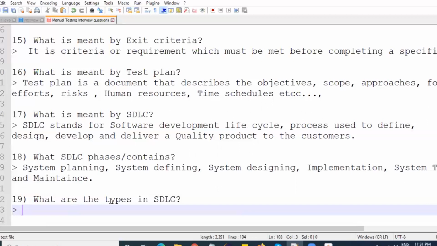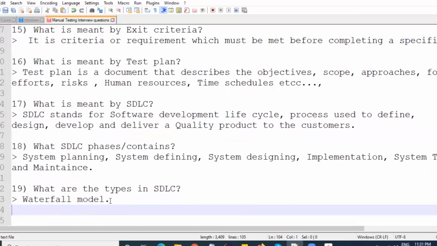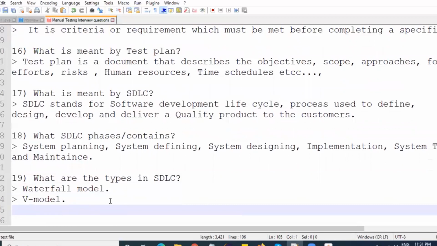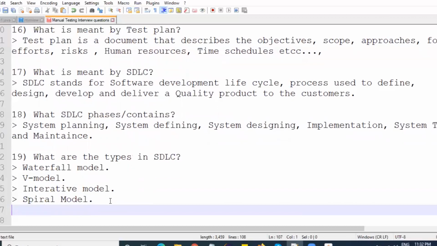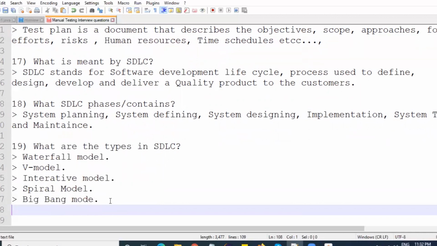Point to remember: there are types of SDLC models, which are the waterfall model, the V model, the iterative model, the spiral model, the Big Bang model, the Agile model, and so on.